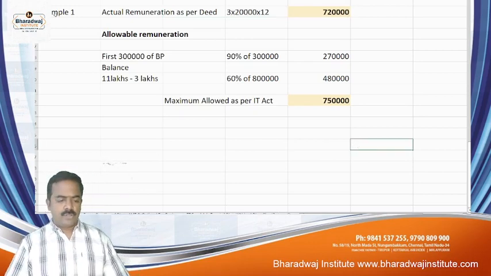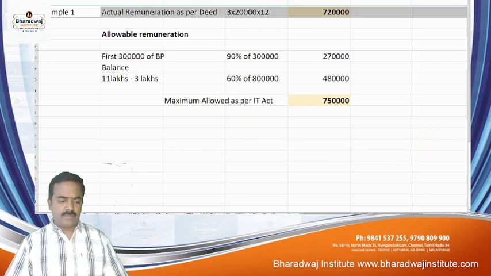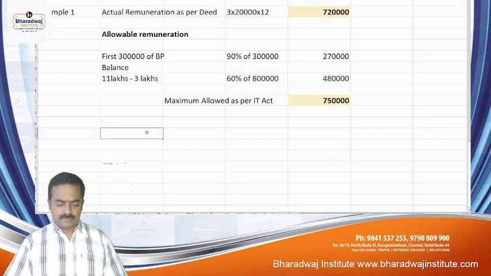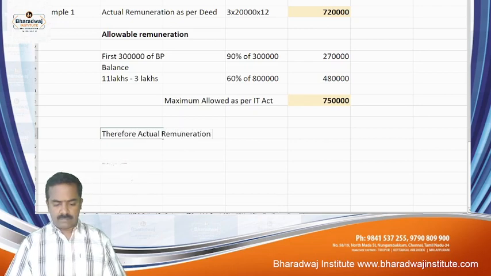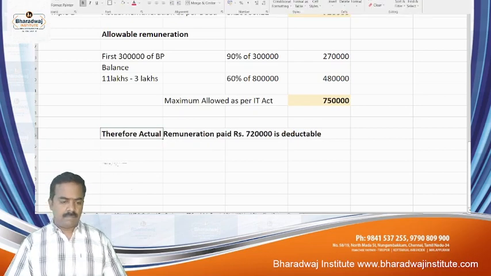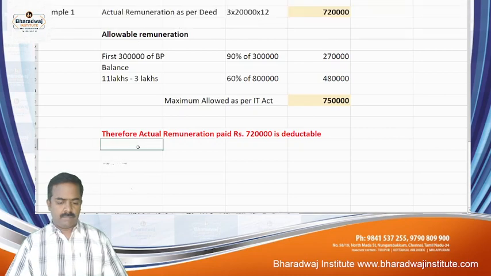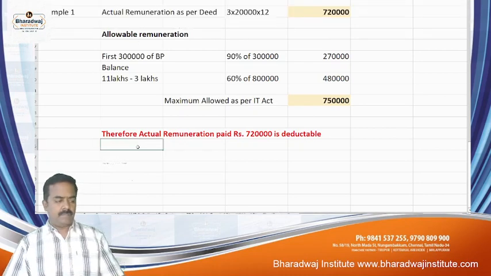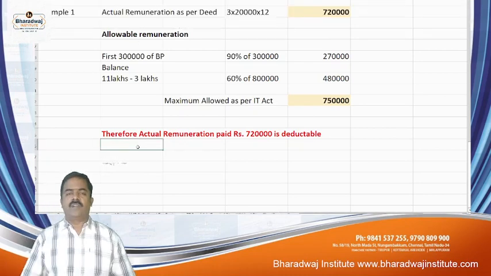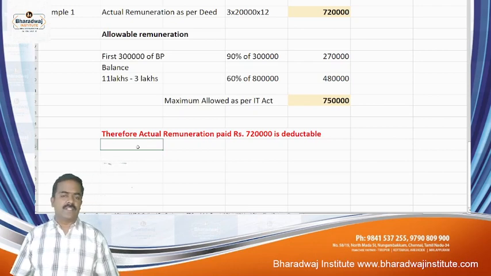Take up this solution for example 1. 7,20,000 is deductible as business expense.